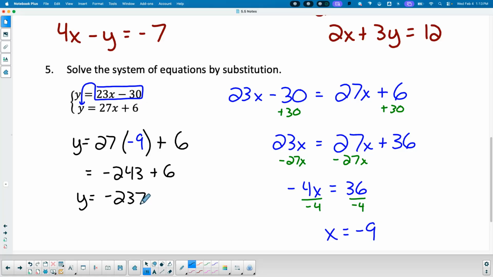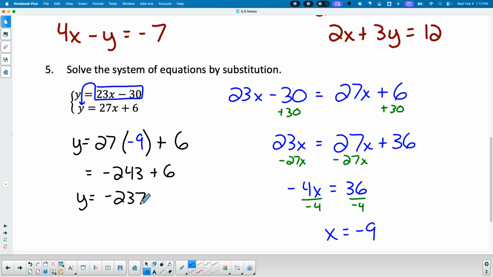Negative 9 times 23, that would be 3, carry the 6, that'd be 20, yep. Is that what you guys all got? Everybody else, yes?